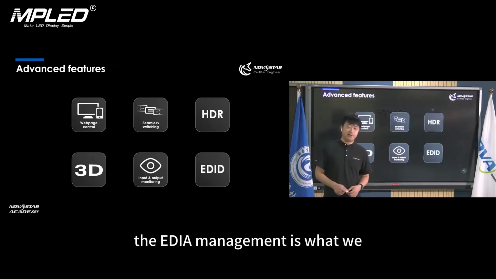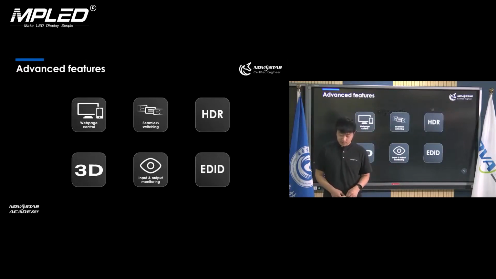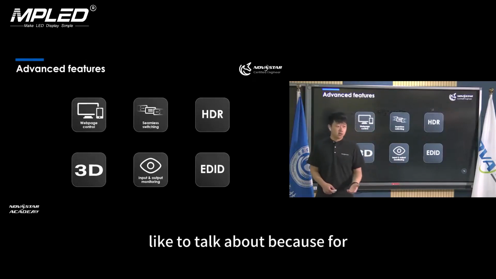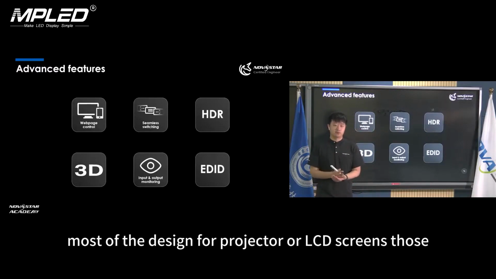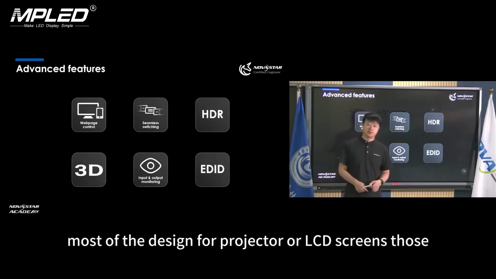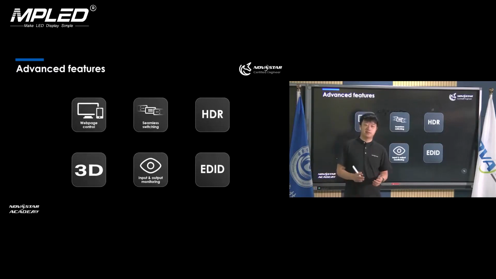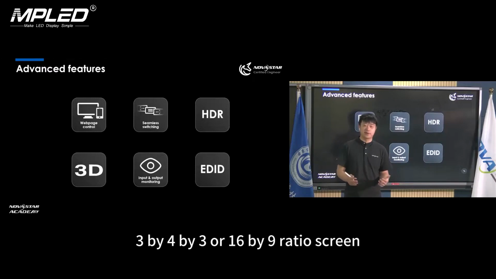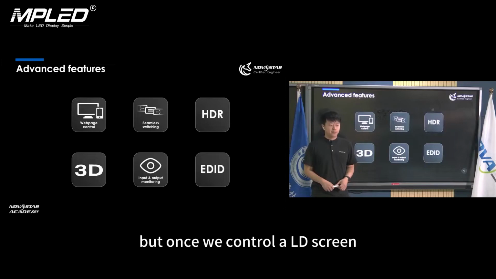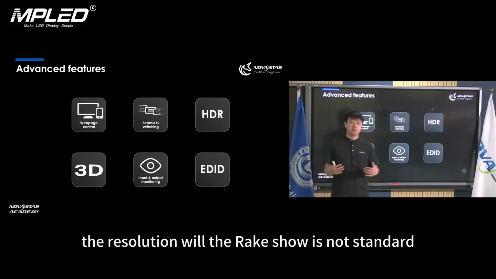The EDID management is what we like to talk about, because traditional splicers are mostly designed for projectors or LCD screens, and those display devices are designed for standard 4:3 or 16:9 ratio screens. But once we control an LED screen, the resolution or ratio is not standard.